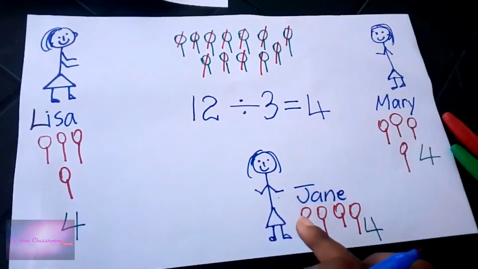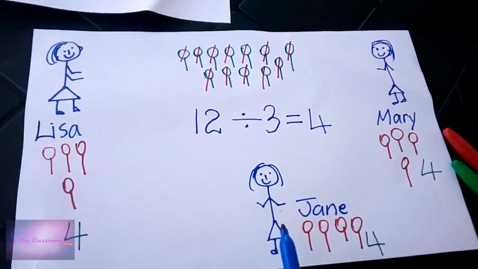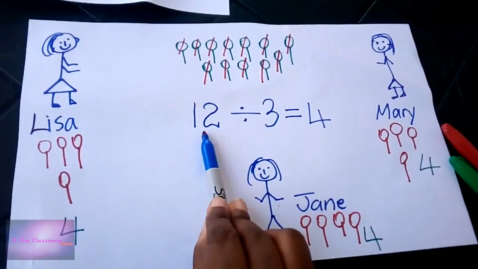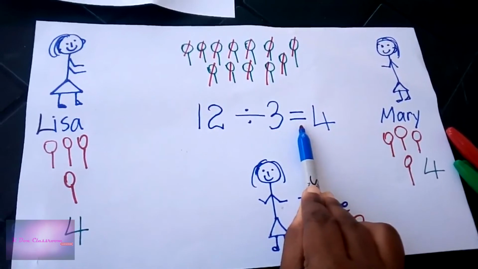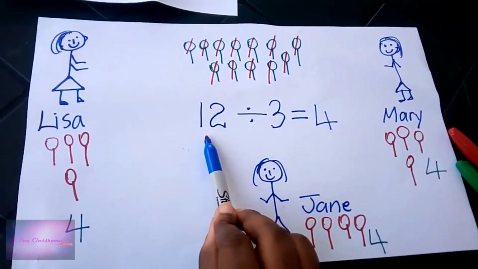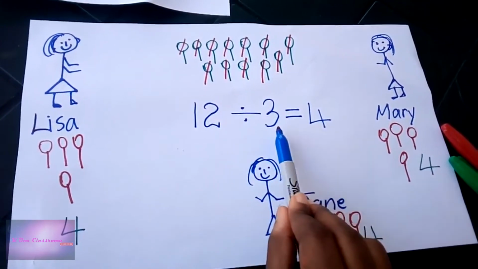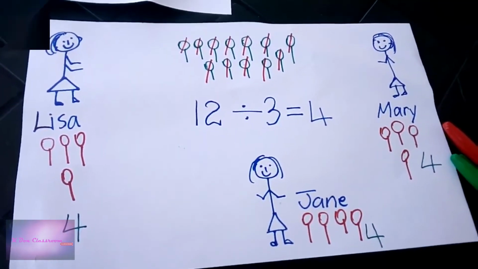So each girl got 4. So our number sentence reads 12 divided by 3 equals 4. Let's go again. 12 divided by 3 equals 4.